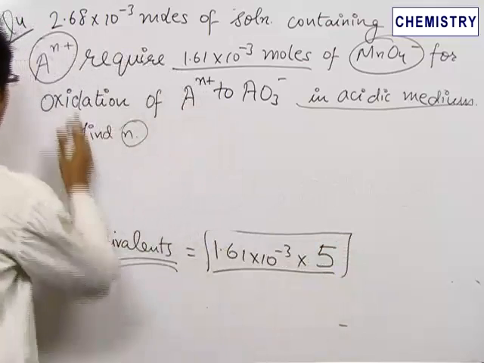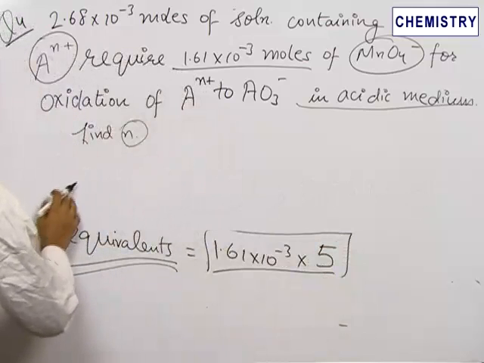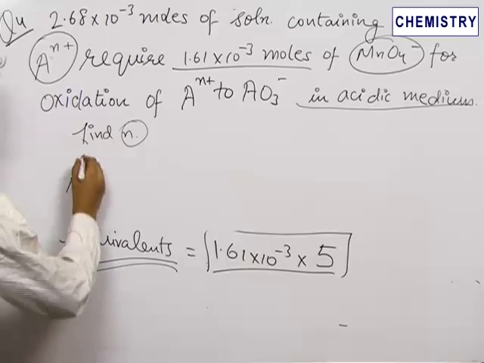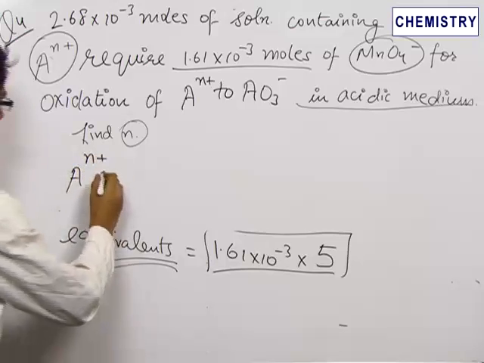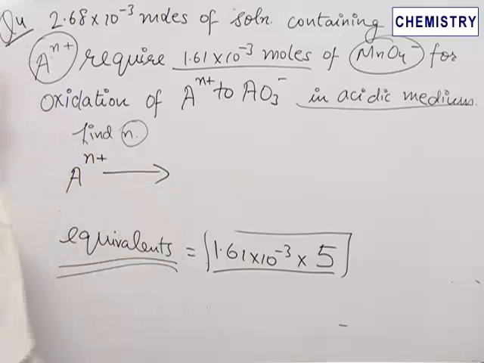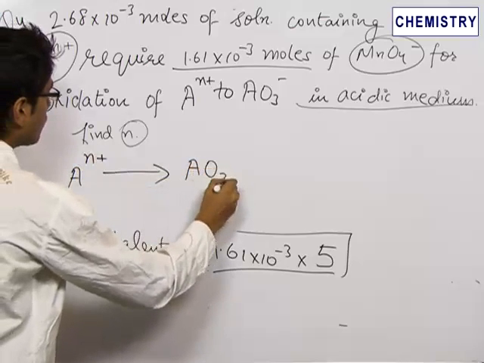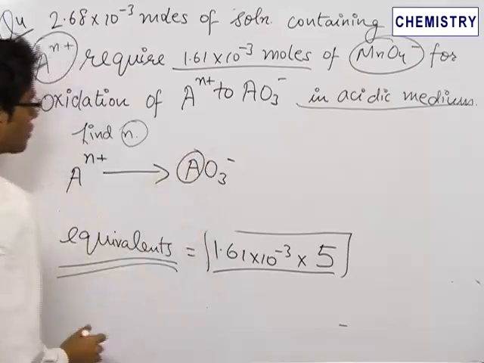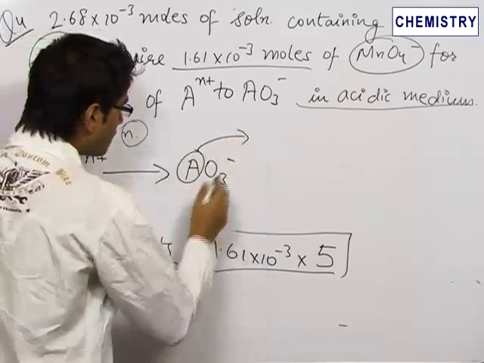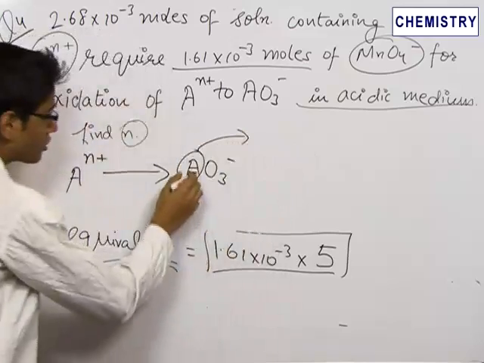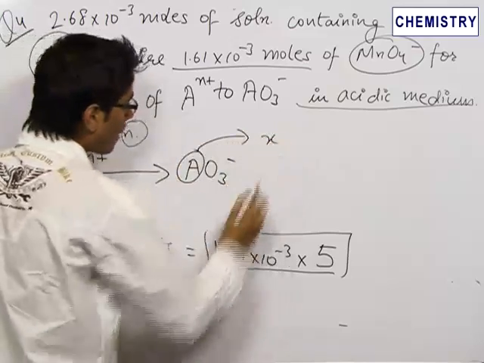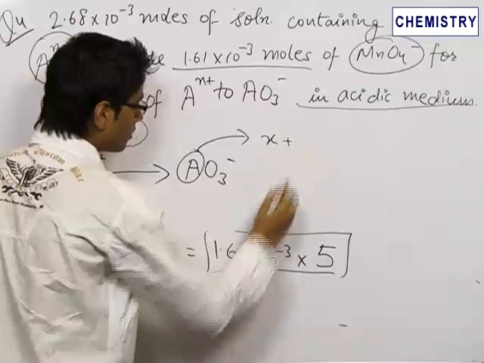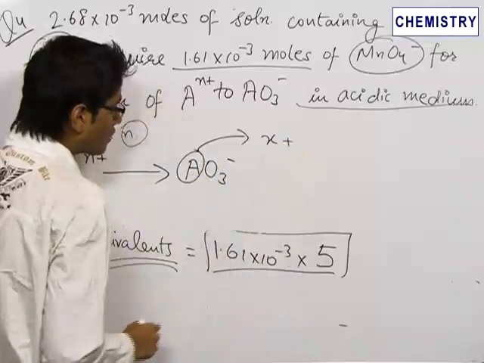Now we write down the equation for A^n+. This A^n+ is getting oxidized to AO3 negative. Let us consider the oxidation state of A in this to be X. So X plus the oxidation state of oxygen, which is minus 2.